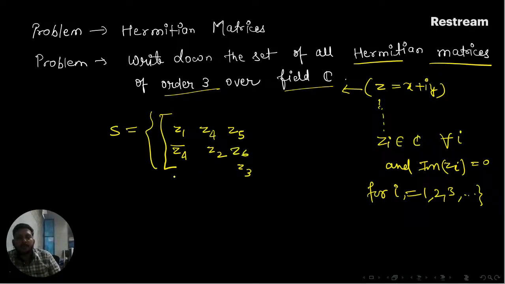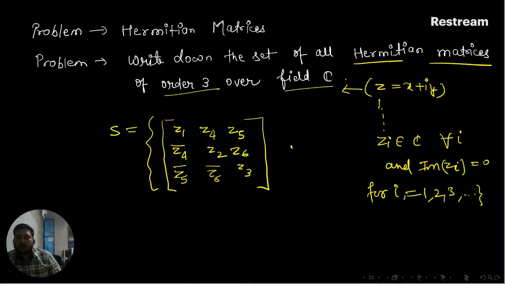And the other entries are like this: Z5 bar, Z6 bar. Now close this part, and the other conditions are the same as it is. So this is the representation of a Hermitian matrix over the complex field, for order 3 cross 3.